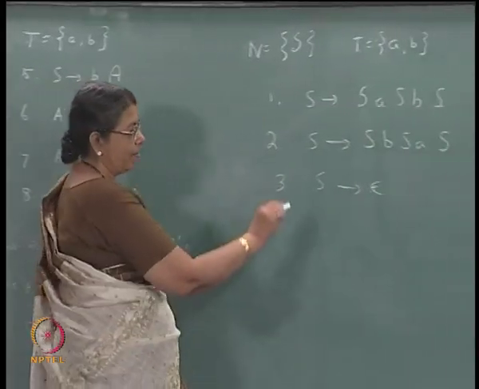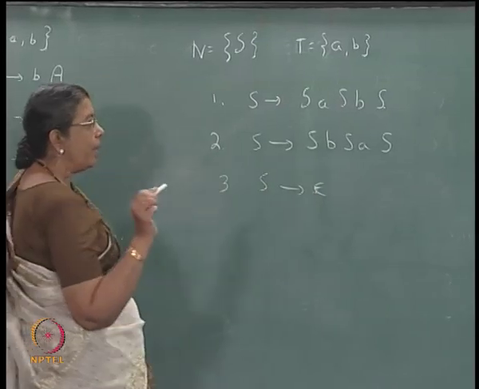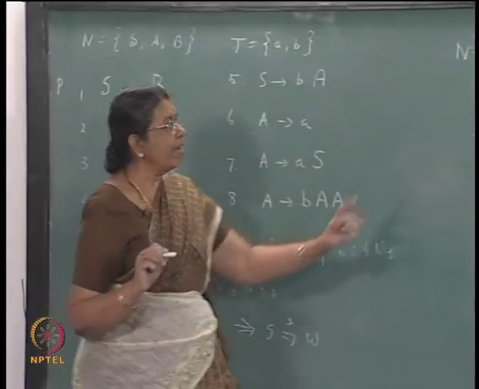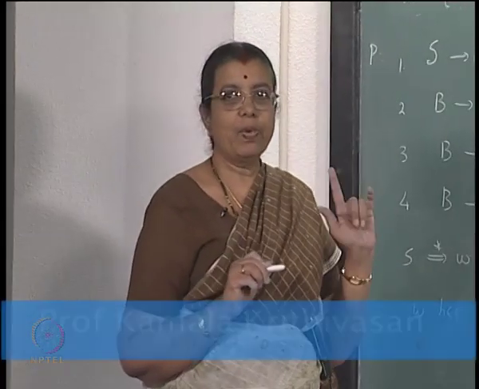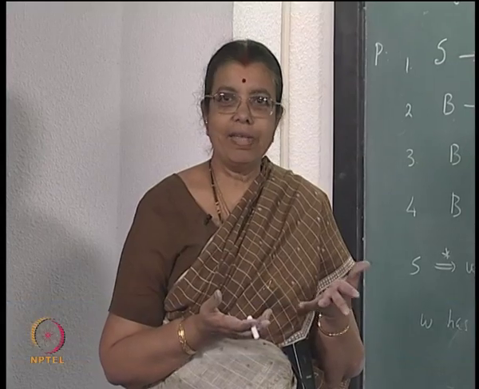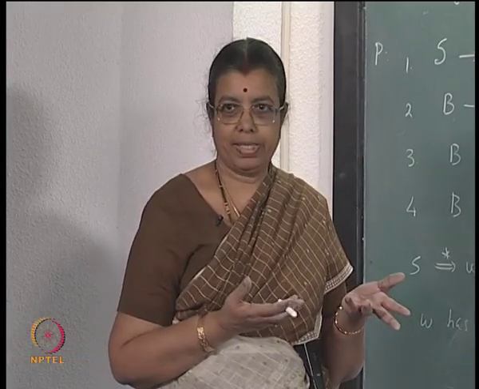The empty string can be generated here, but you can see that whenever I apply rule 1, 1A and 1B will be generated. Whenever I apply rule 2, 1B and 1A will be generated, but ultimately any string generated will have an equal number of A's and B's.